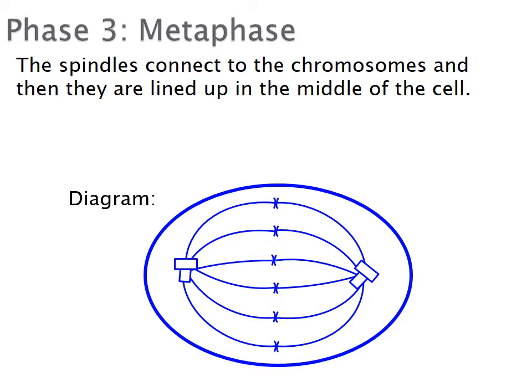Because if they aren't divided up equally amongst one another, that means that that cell will not function properly. So to make sure that each cell has the exact same DNA, they're neatly lined up in the middle before they eventually will be pulled apart to opposite ends to make 2 new nuclei. Copy the notes now.